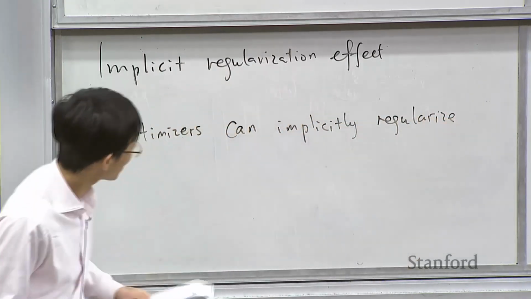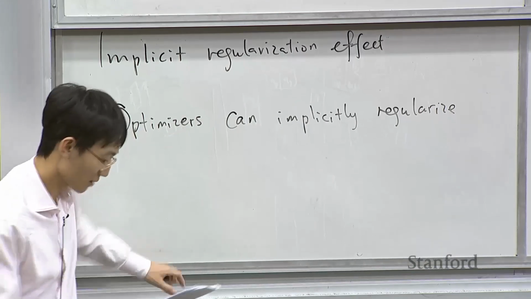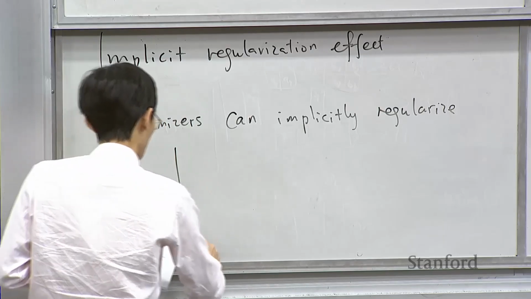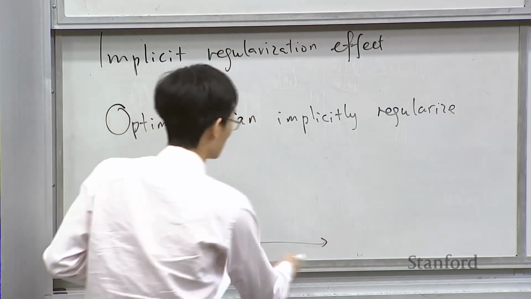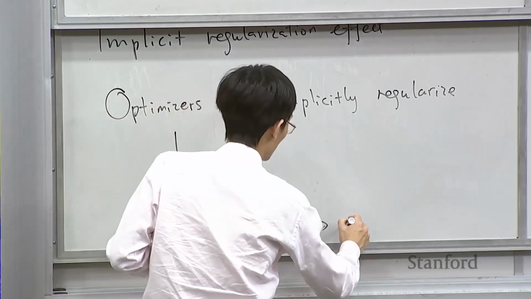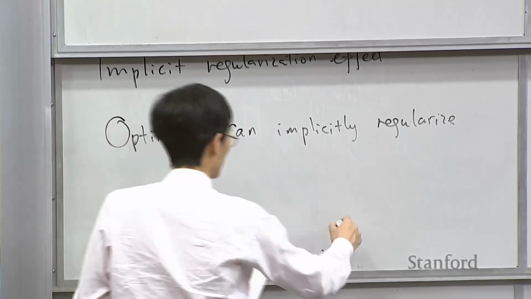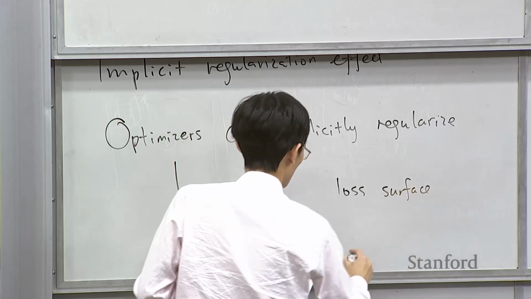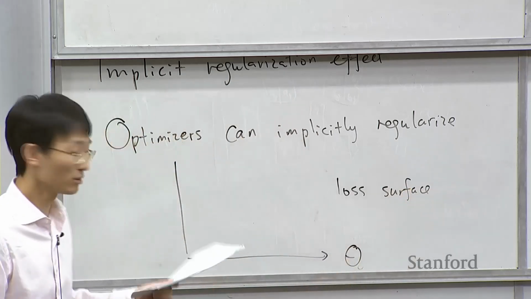So why can this happen? Let me draw an illustrative figure, which I use pretty often. Suppose this is the parameter, and this is the loss landscape, the loss surface. So here is theta, let's say theta is one-dimensional.